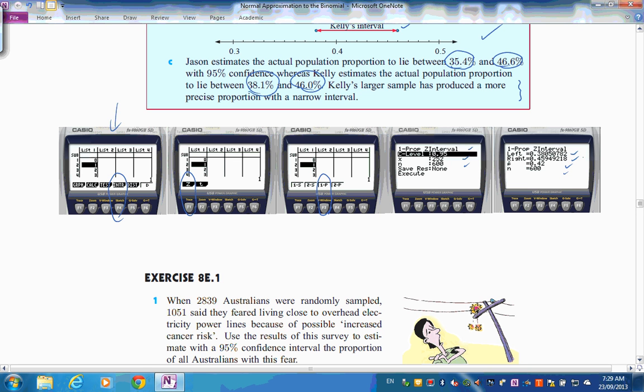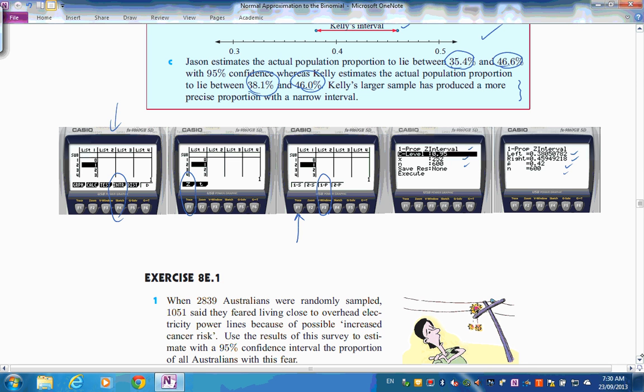So that's a quick way of doing it, rather than as we did before. We've done it before, back at this stage, I think. There we did it for our mean. Now we're just doing it for proportions. Okay, same idea on the calculator.